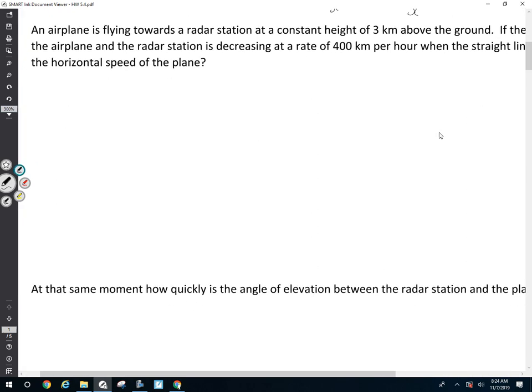All right, so let's draw a picture. It's helpful to draw a picture. We got a radar station. We got an airplane. The airplane has a constant height of 3 kilometers.